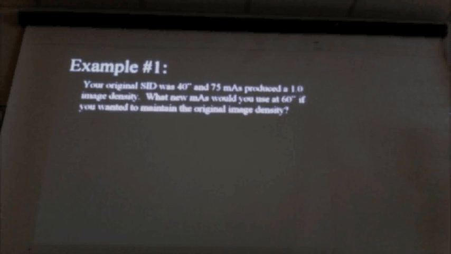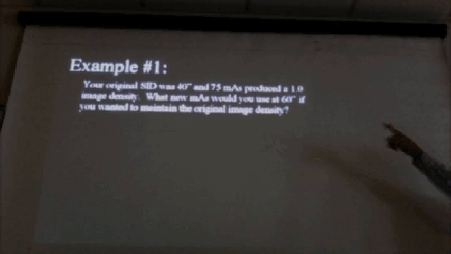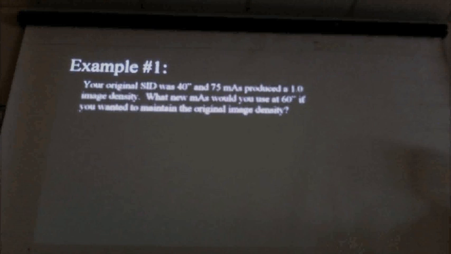If you wanted to maintain the original density. So what we have is we have 40 inches is our old SID at 75 mass. Our new SID is 60 inches, and the unknown is the new mass to compensate.